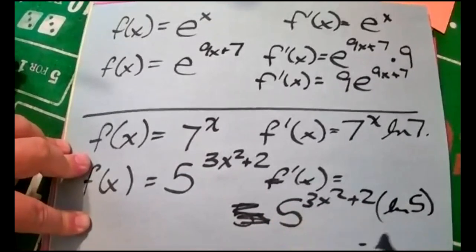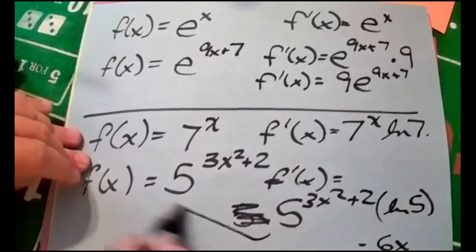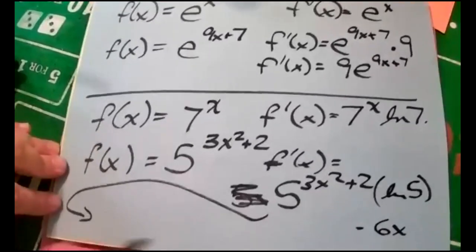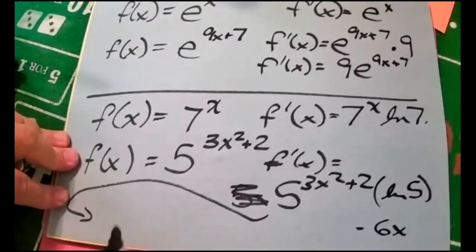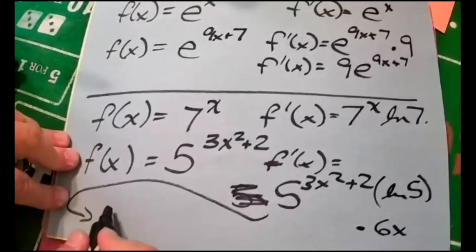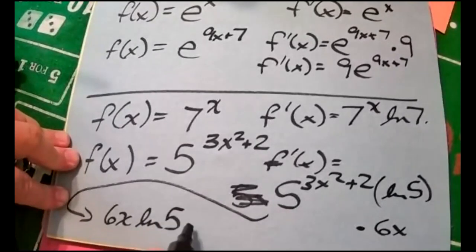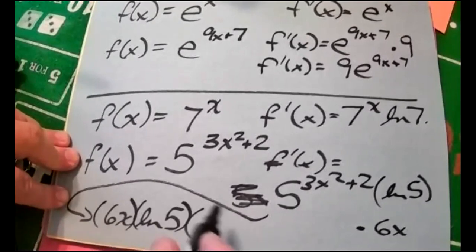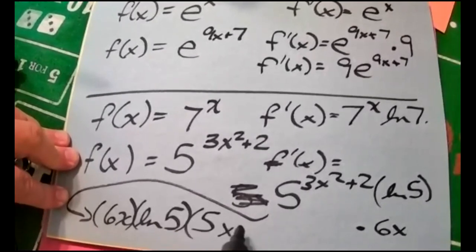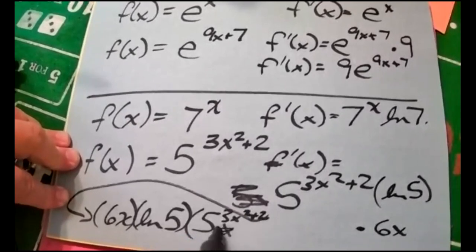The derivative of 3x squared is 6x, which leaves your final answer being 6x times the natural log of 5 times 5 to the 3x squared plus 2. You can put them in parentheses to make them clear if you want, it doesn't matter.